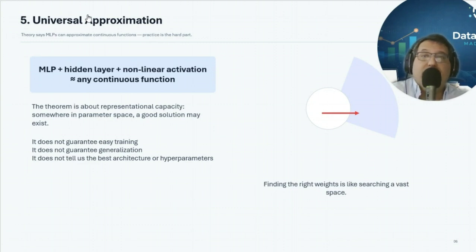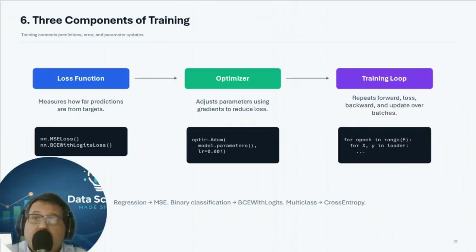That's where architecture design, optimization algorithms, learning rates, initialization strategies, training data, regularization, and many other engineering decisions become important. So the universal approximation theorem explains the potential of neural networks. Training determines whether we can actually realize that potential. Now let's analyze the three components of training.